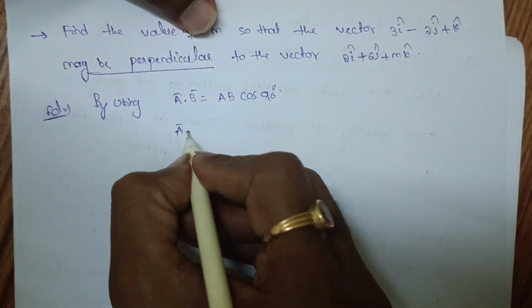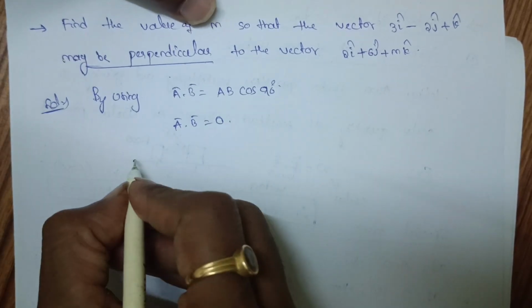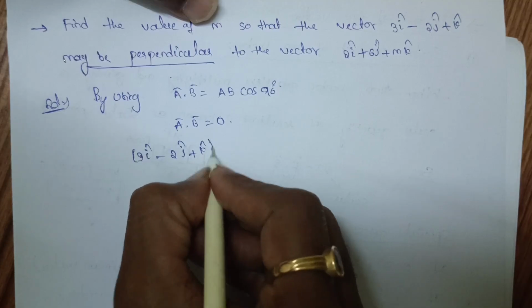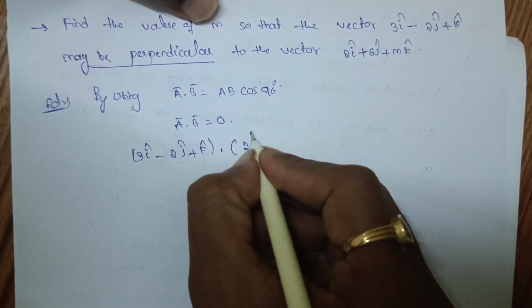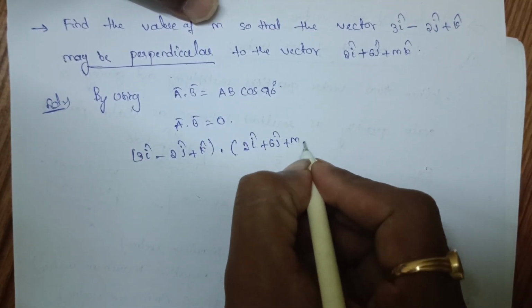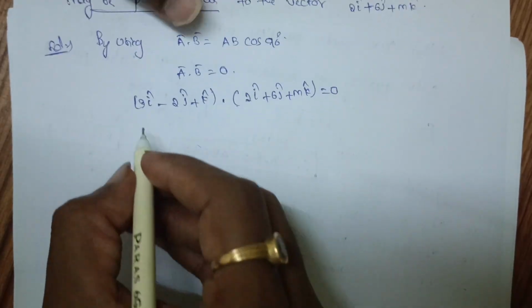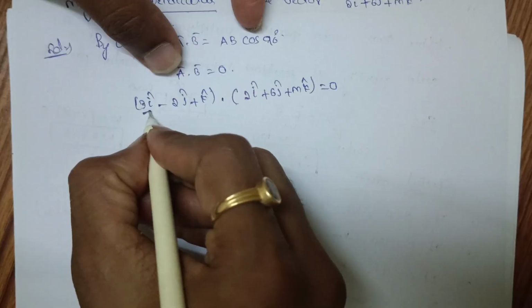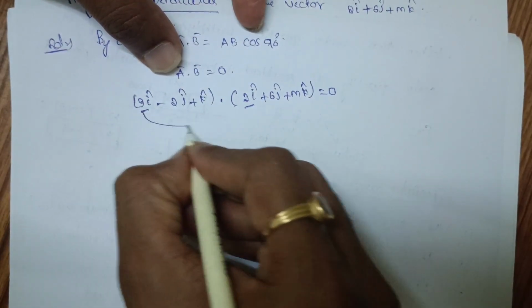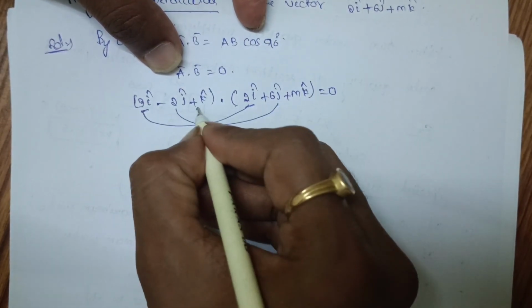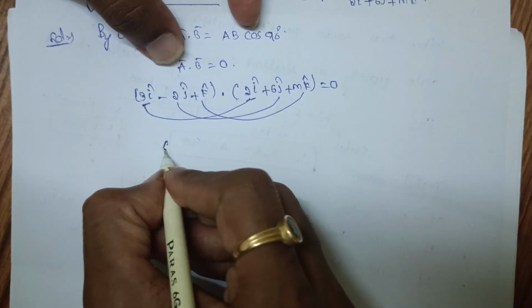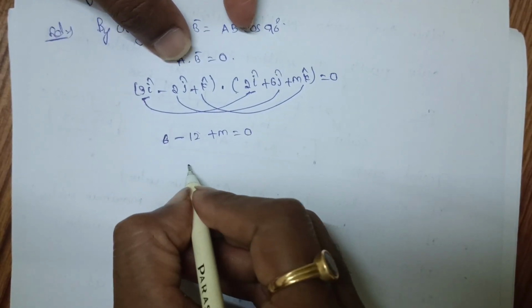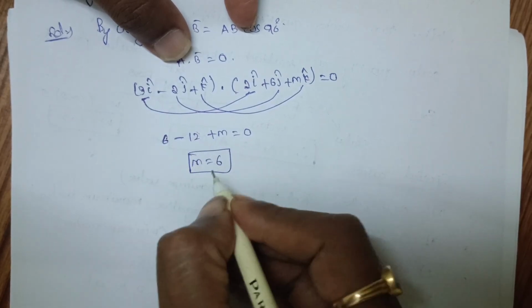Now a dot b is equals to 0, that is 3i minus 2j plus k dot 2i plus 6j plus mk is equals to 0, and i dot i gives 1, i dot j gives 0, so this one is multiplied with this one only. And similarly this one will be multiplied with this one, and this one will be multiplied with this one, so this becomes 6 minus 12 plus m is equals to 0, therefore m is equals to 6.